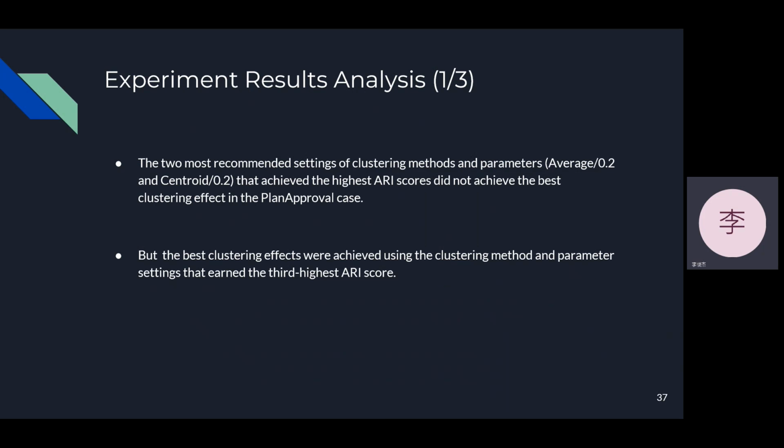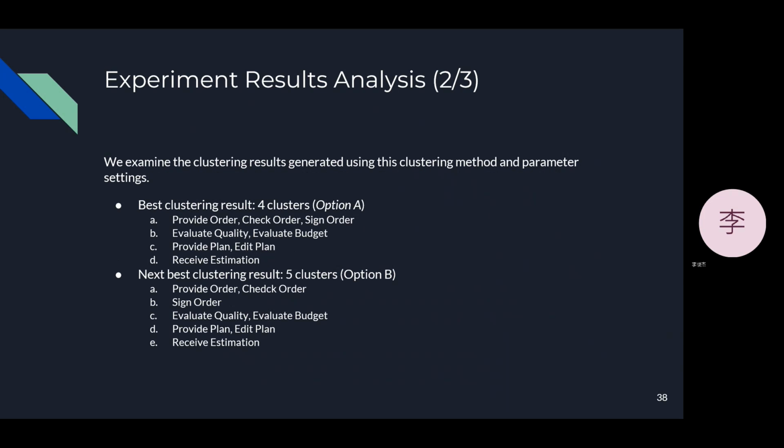And let's see our experiment result analysis. The two most recommended settings of clustering method and parameters that achieve the highest ARI scores did not achieve the best clustering effect in the plan approval case. But the best clustering effect was achieved using the clustering method and parameter settings that earn the third highest ARI score.